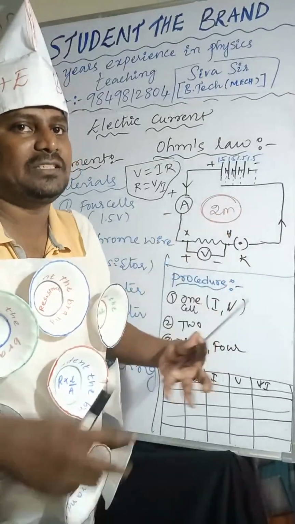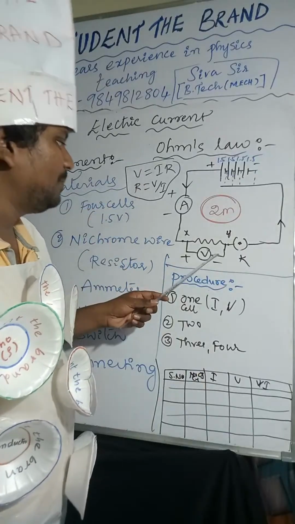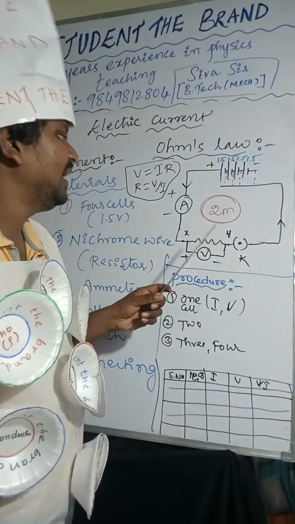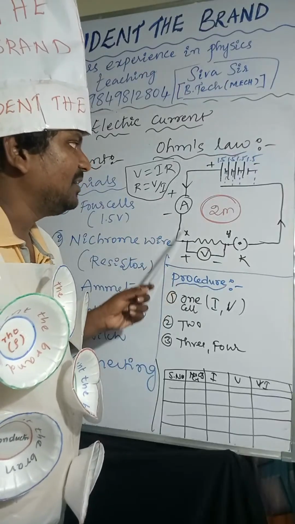This is the process. Once again, Ohm's law: the potential difference across the ends of the given metallic wire is directly proportional to the current flowing through it.